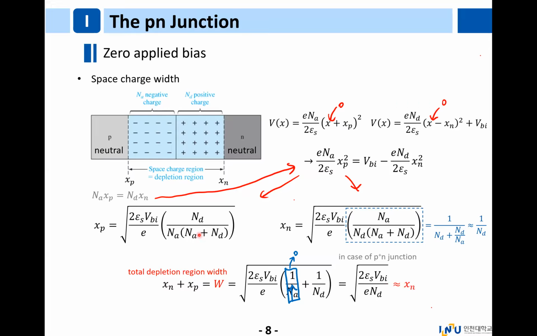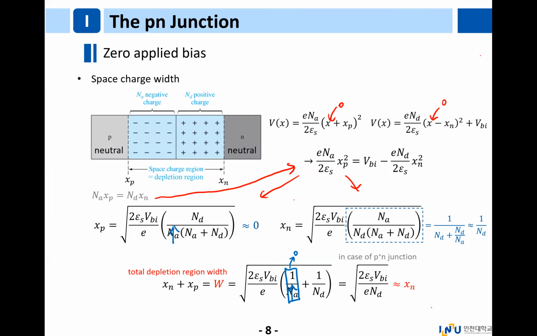And conversely, Xp also converges to 0 because Na is extremely large, making the denominator approach 0.